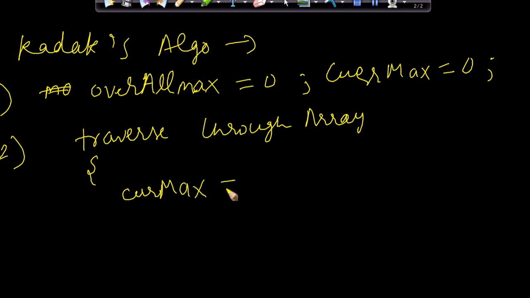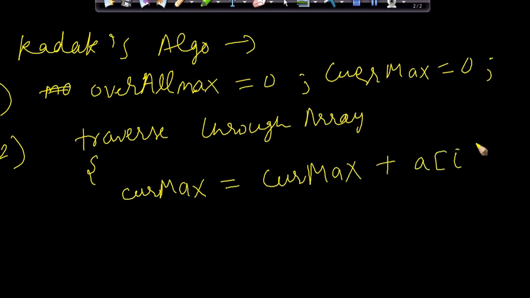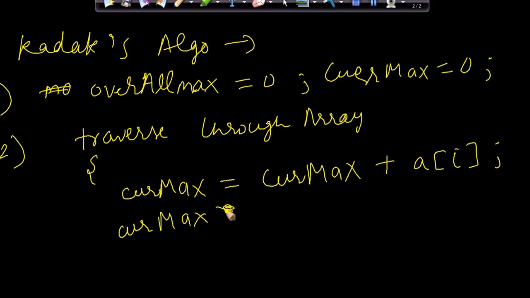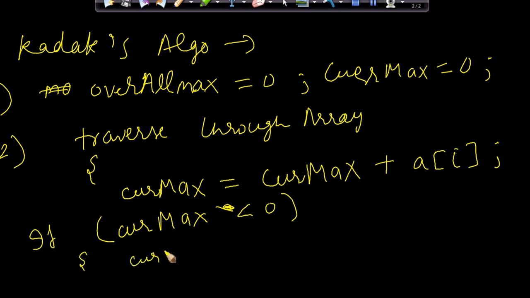Current max will become current max plus A[i], the current element. We will add that current element and check whether this current max has gone below 0 or not. If it has gone below 0, then we'll update this current max to 0 again.